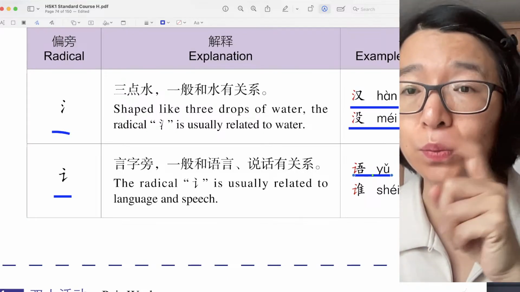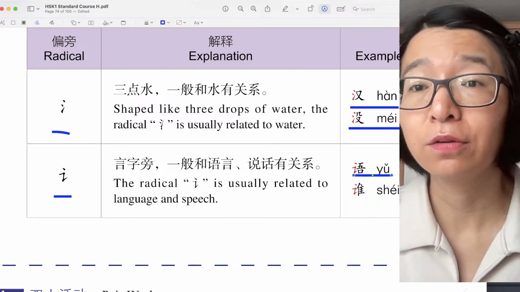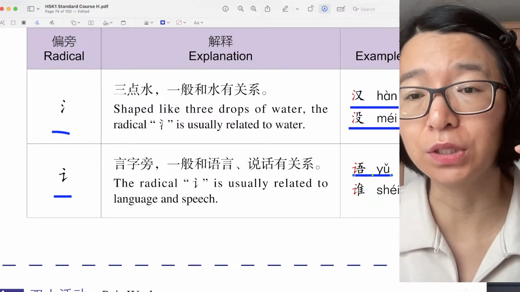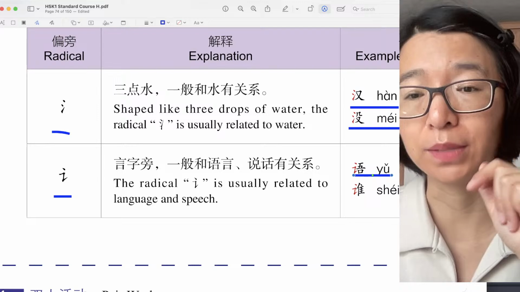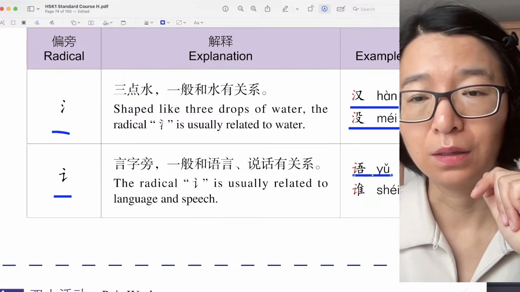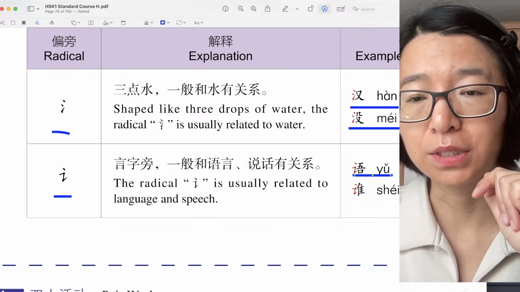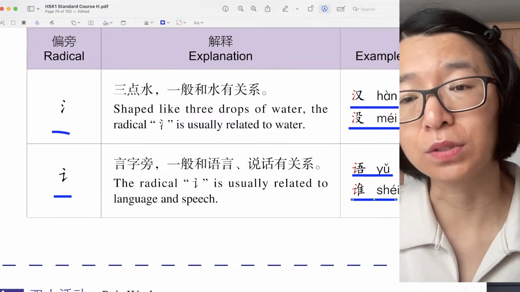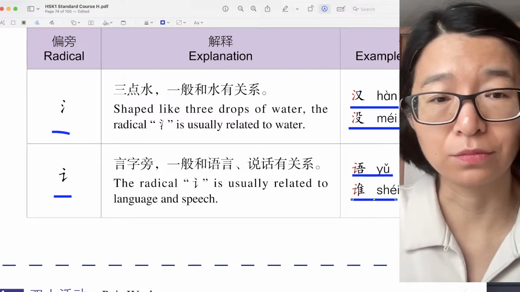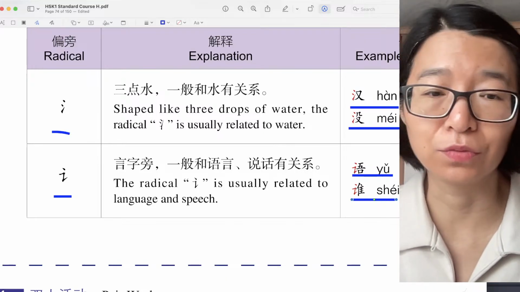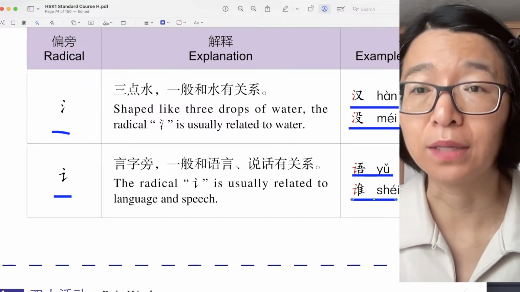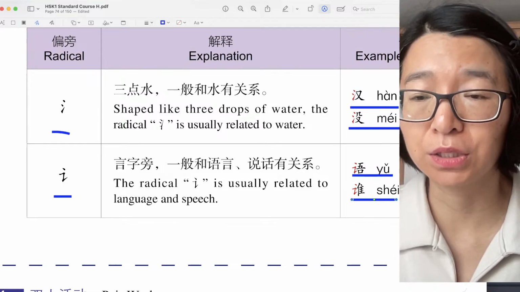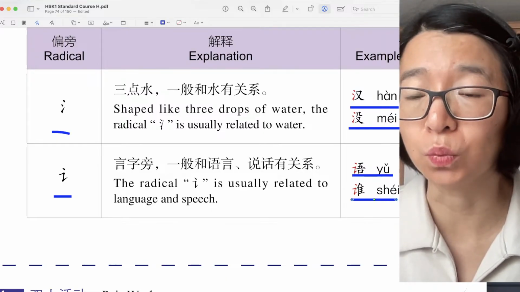If we say 英语, English language, 法语, French language, 德语, German language. And another word, 谁, yeah, it's also a radical with 言, related to, we know 言 relates to language and speech. And here 谁 means whom.